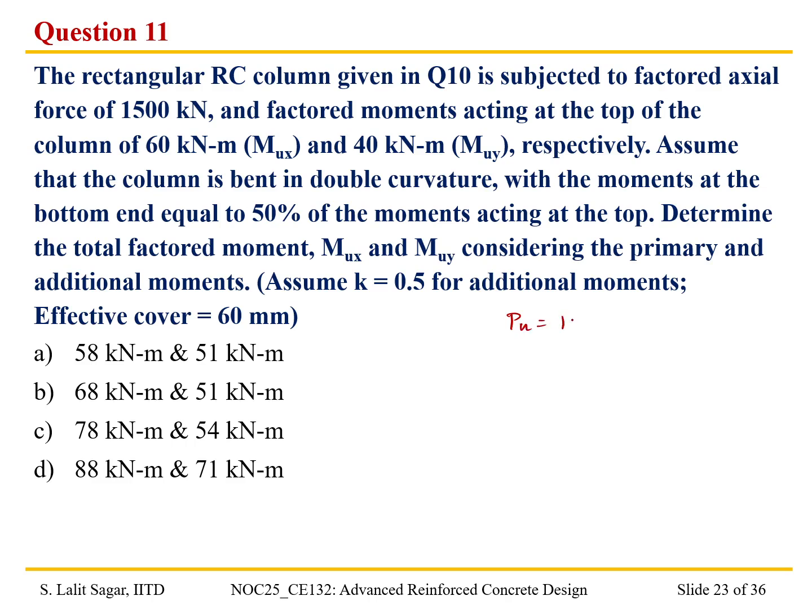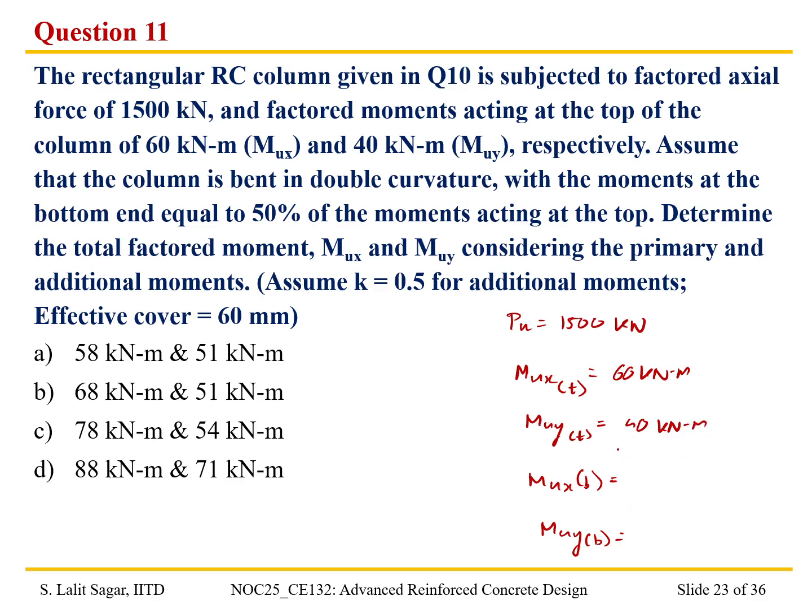So PU is 1500 kilonewton, and we have the factored moment at the top, that is MUX top and MUY top, and then we have MUX bottom and MUY bottom. That is 60 kilonewton meter. This is 40 kilonewton meter.